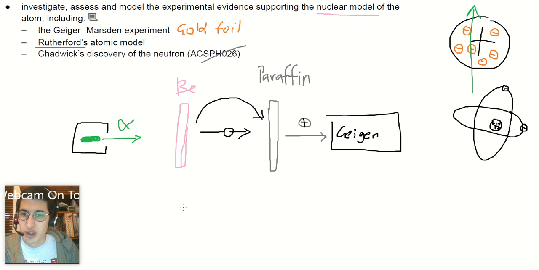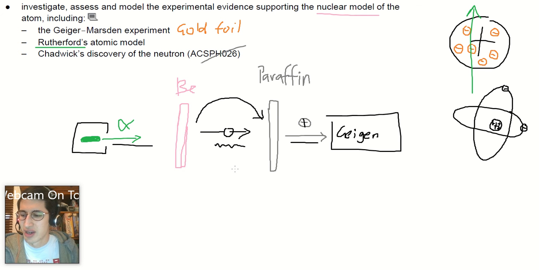Chadwick used conservation of energy, conservation of momentum, in order to work out roughly the energy of a neutron, the amount of energy it had while it was moving, because he knew how much energy was going in from the alpha, how much was coming out from the protons. So he could work out roughly how much energy and mass and momentum the neutron had.